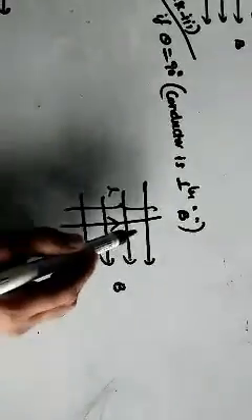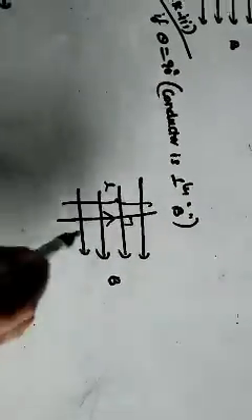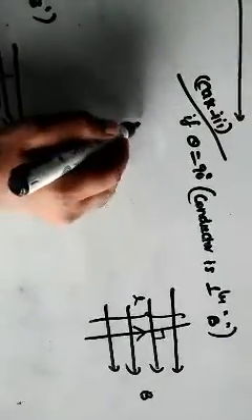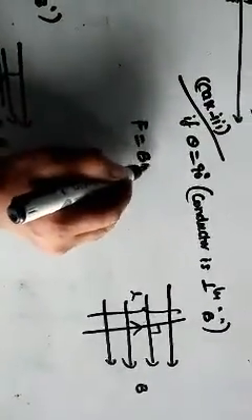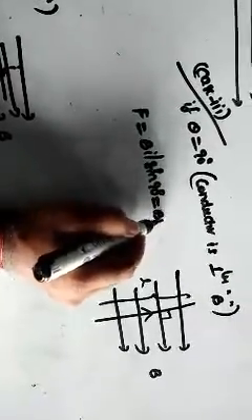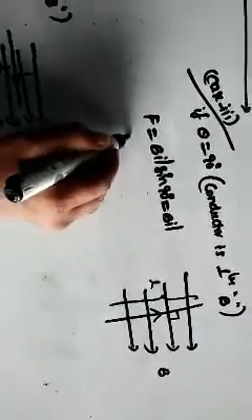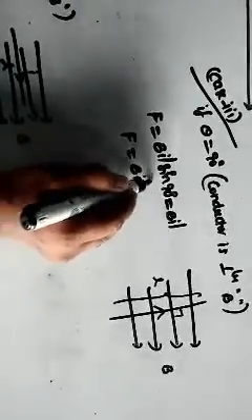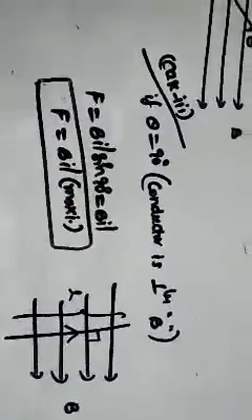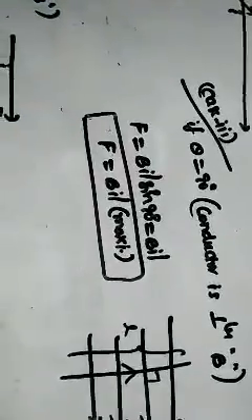Then force F is equal to BIL sine 90 degree, and sine 90 is 1. So the force acting is BIL, which is the maximum value. The maximum force acts when the conductor is perpendicular to the magnetic field.